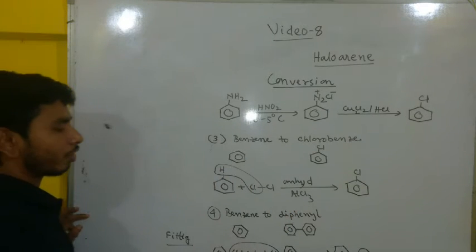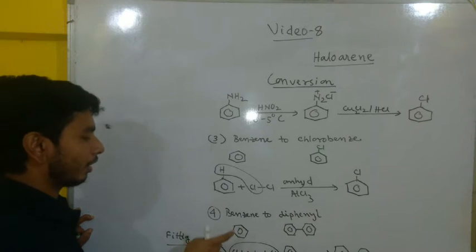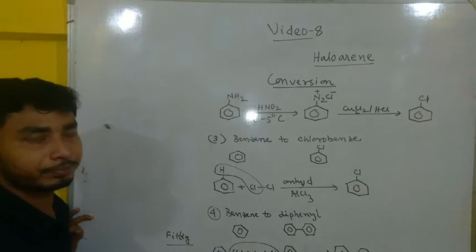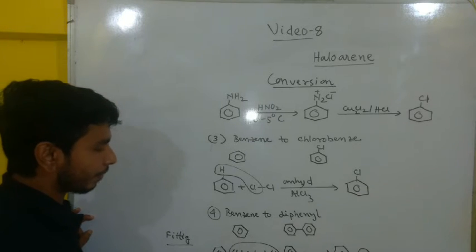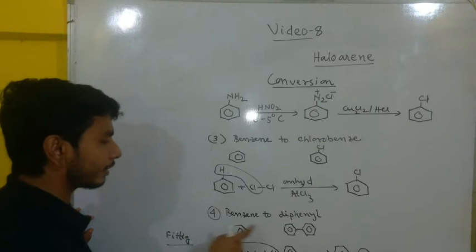So chlorobenzene is converted to diphenyl, but here it is benzene, not chlorobenzene. We have to convert benzene to diphenyl.